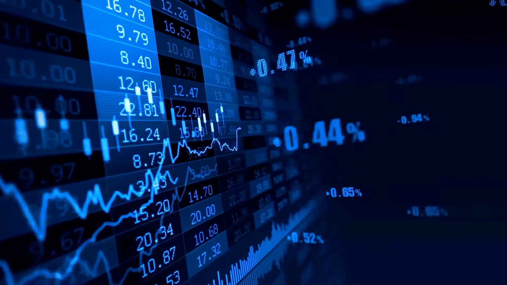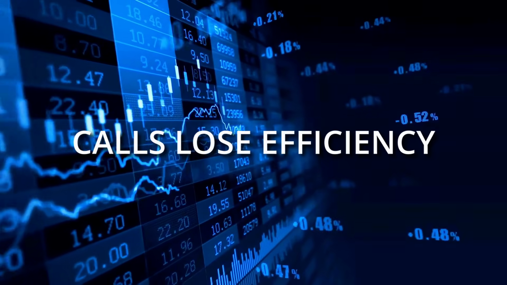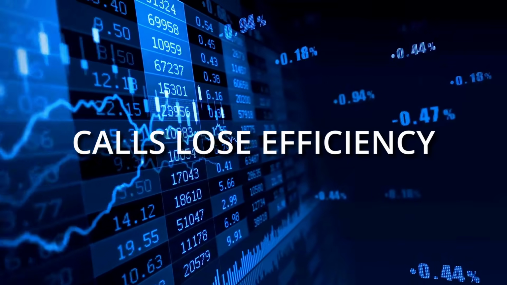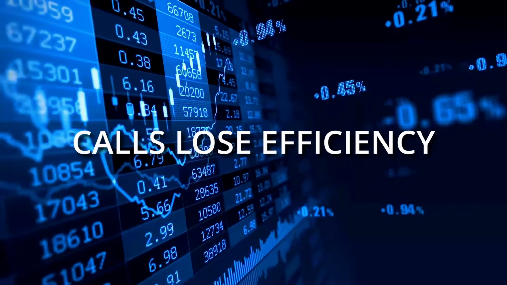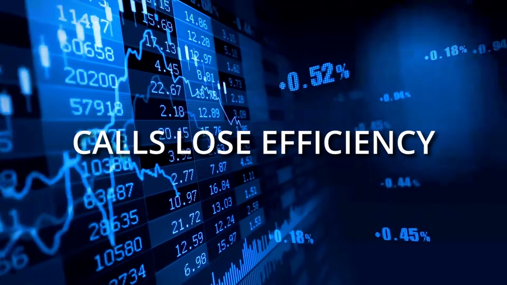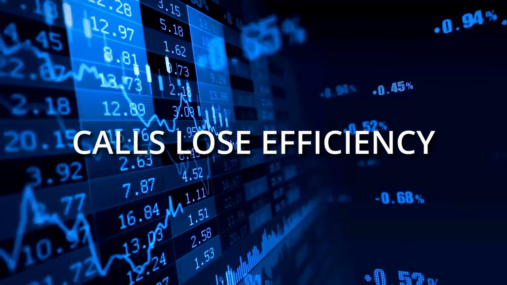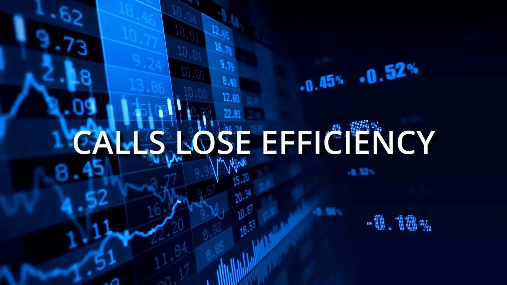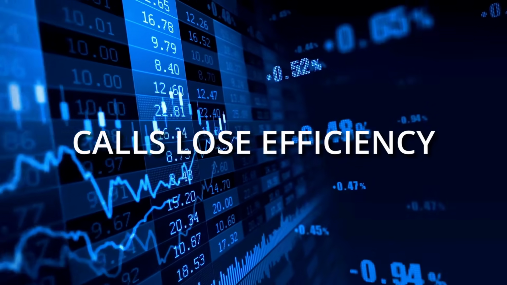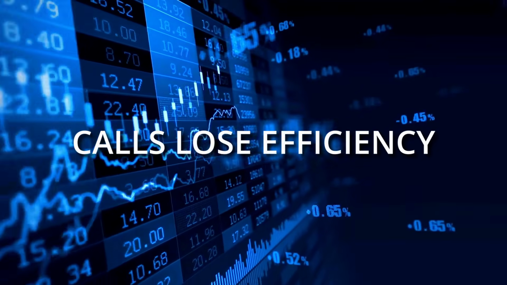Right. So why do I exit instead of just endlessly rolling that short call? Well, many traders do that, and it works, but it's not always optimal because the older long calls lose structural efficiency. Now, the theta accelerates, gamma changes, capital efficiency declines. The roll costs increase as well.